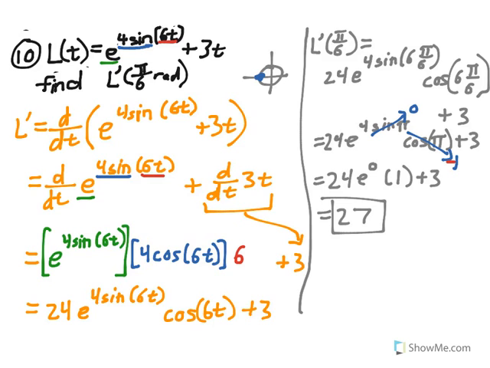It's -1. And so that should be -1, and so this is not 27. Let's clean this up. So this is going to be 24 times 1 times -1, which is -24. The plus 3 sticks around, and so this is actually -21.